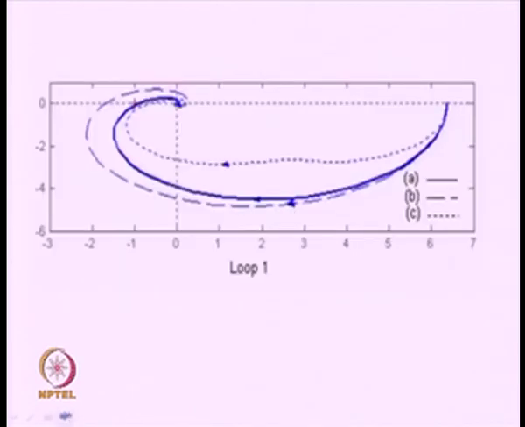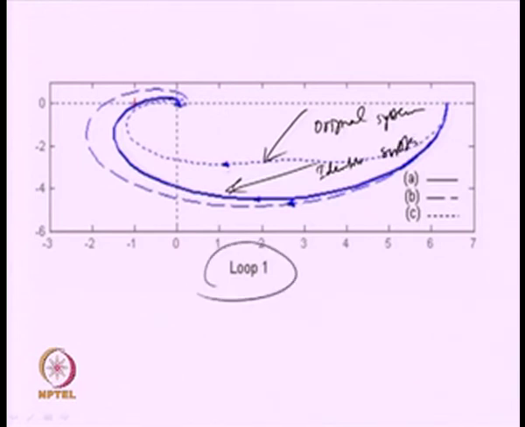Now, what are those two Qs? If you look at this diagram, the dotted one gives you the Nyquist plot for the original system, and the solid one for the identified system. As you see, for loop 1, they are not far off from each other. The third one shows the Nyquist plot given by some other technique.